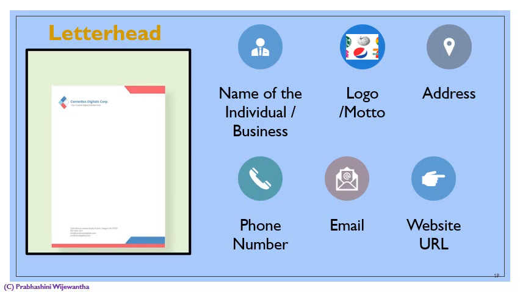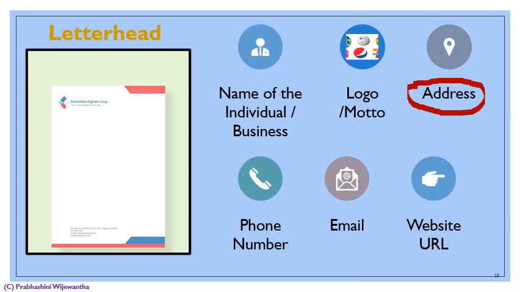Then logo or motto. Say some companies use their logo or the motto, like for Ceylon Bank they may mention the bank with a heart. And then the address. Here in the address they mention the address of the corporate head office.